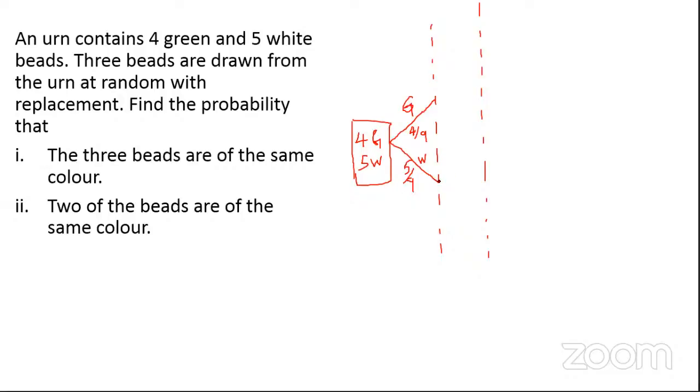So here we are picking again, and still here we can pick green or white. This would be for the second time. This is the first, this is the second, and then we shall have the third.